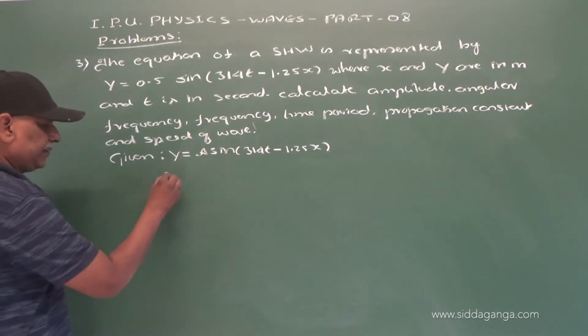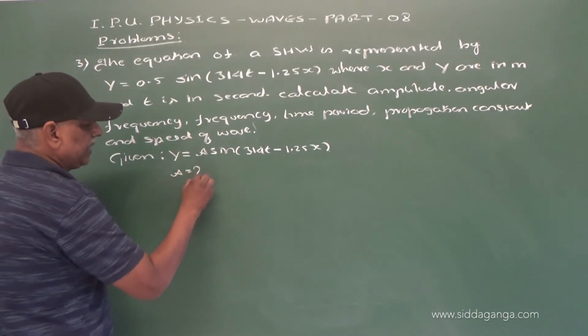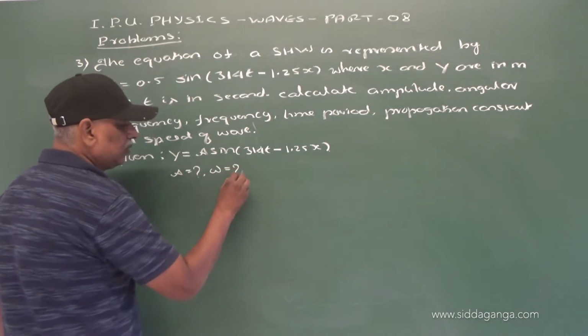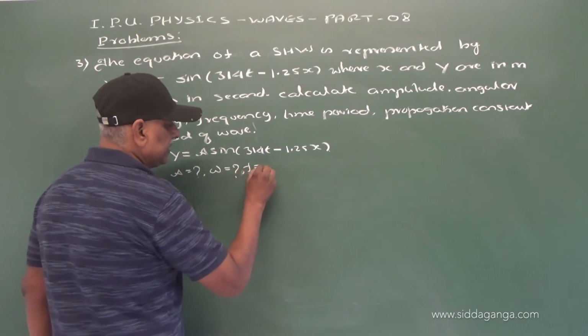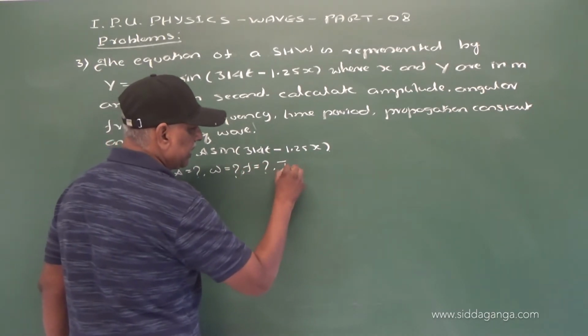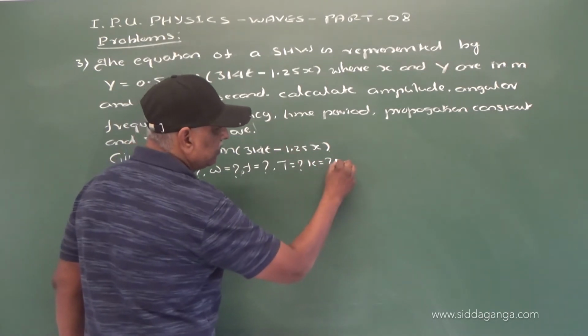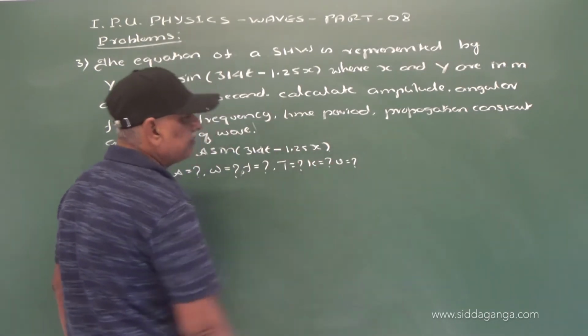So we need to find amplitude A is equal to what? Angular velocity omega is equal to what? Frequency f is equal to what? Time period T is equal to what? Propagation constant k is equal to what? And wave velocity v is equal to what?